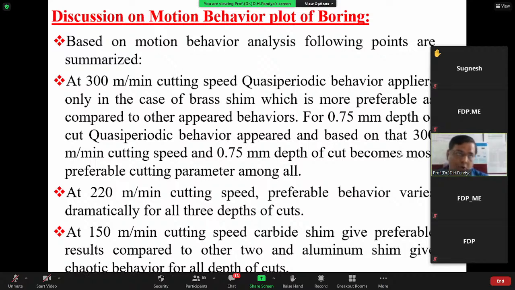Means at low speed, carbide SIM is good. Aluminum SIM is not at all acceptable in any condition. That is the outcome: aluminum SIM material is rejected. Carbide SIM at low speed, and for higher speed brass SIM. These outcomes are based on the dynamic motion behavior.